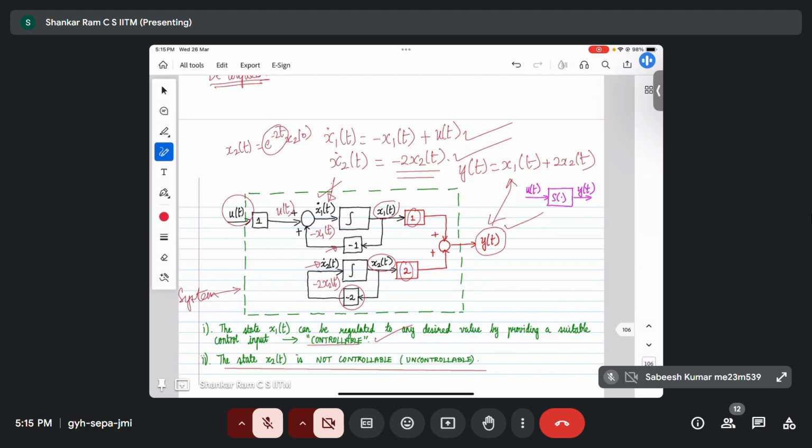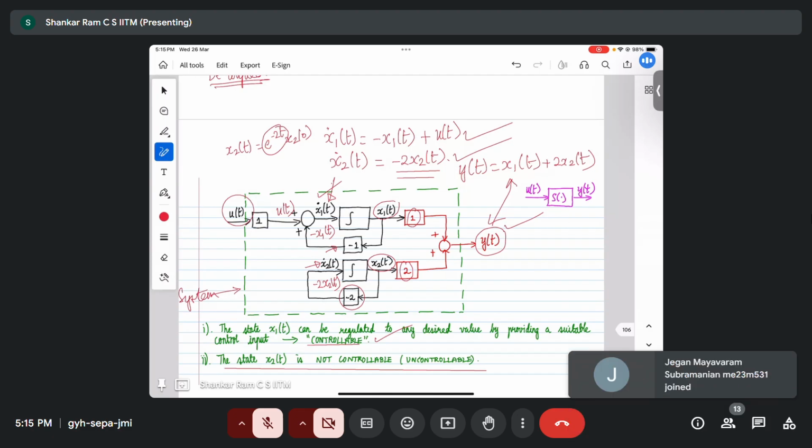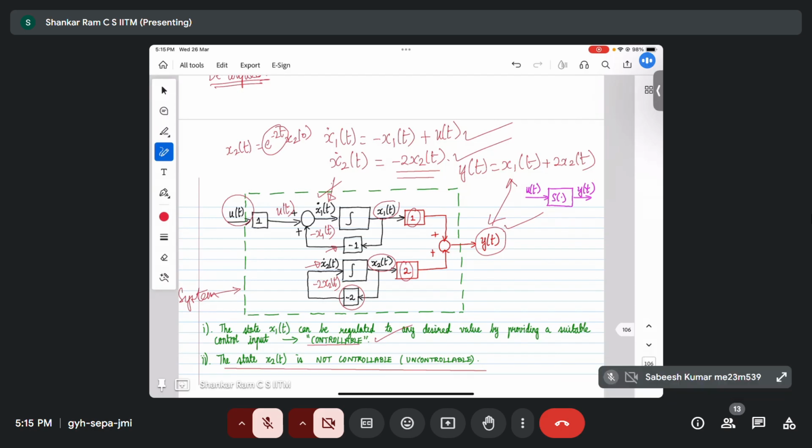That is why we say that it's not controllable. You and I are not able to take it to any value that we want by adjusting the control input. So that is why we call x1 controllable, but x2 is not. I hope that clarifies.